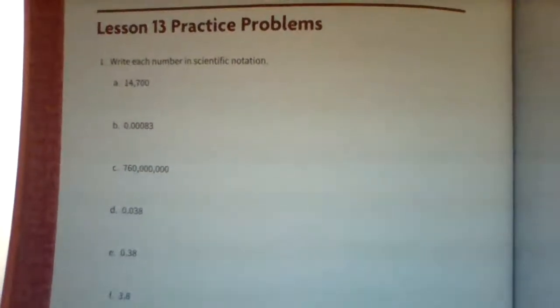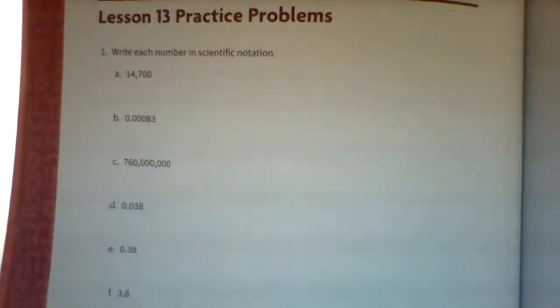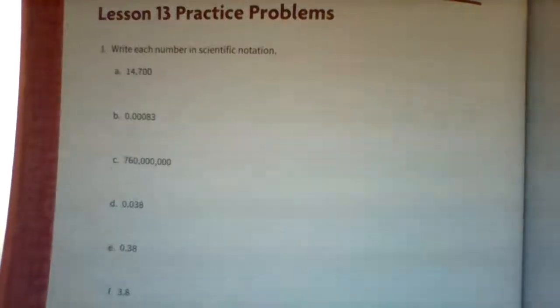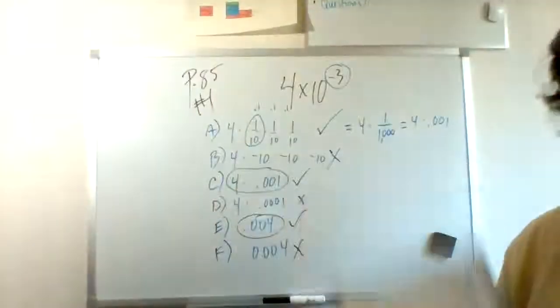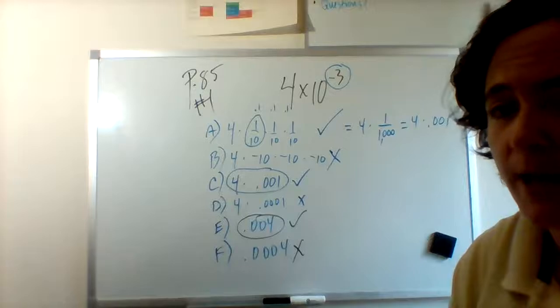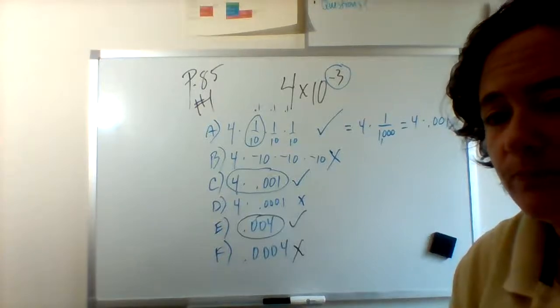Lesson 13, practice problem. We're doing number 1. It says write each number in scientific notation. This should be a breeze for you because we've been practicing that a lot. All right, so let's refresh that skill.